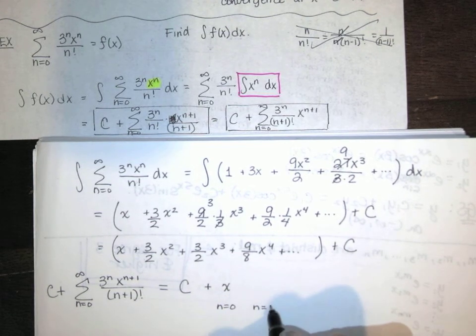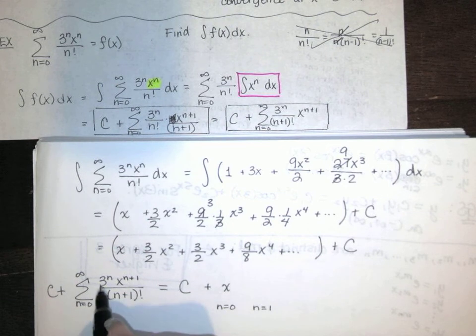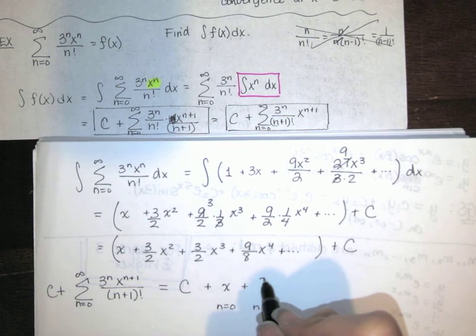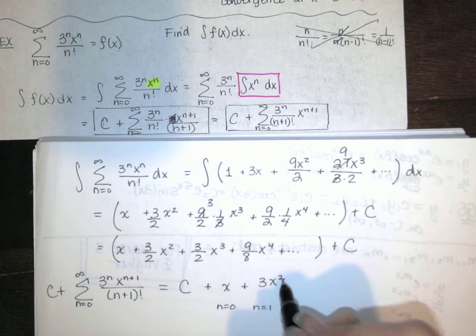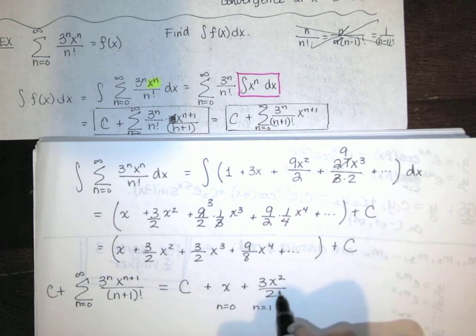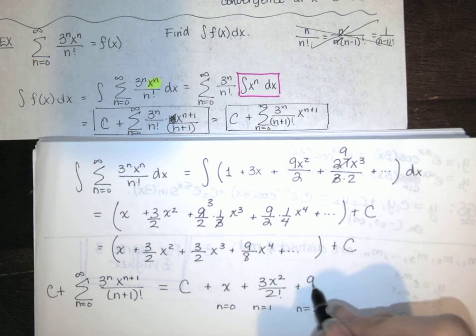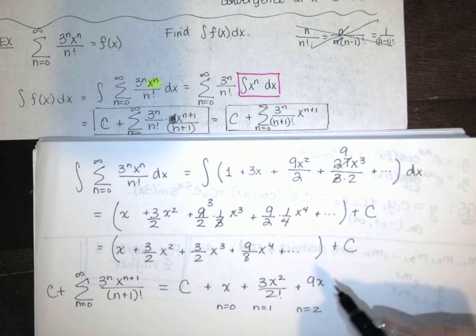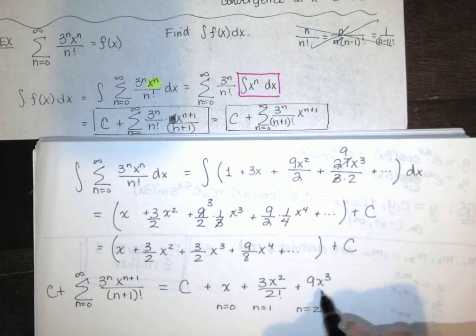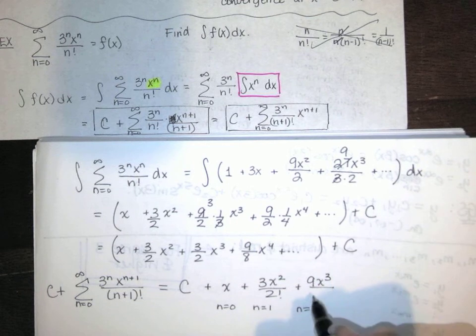When n equals 1, I get 3 to the first times x to the second over 2 factorial. When n equals 2, 3 squared is 9 times x to the 2 plus 1, so that's x cubed, over 2 plus 1 factorial, so that's 3 factorial.